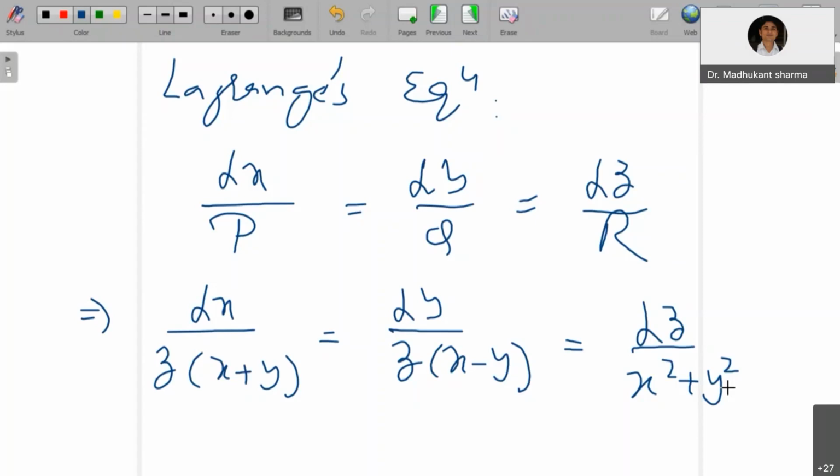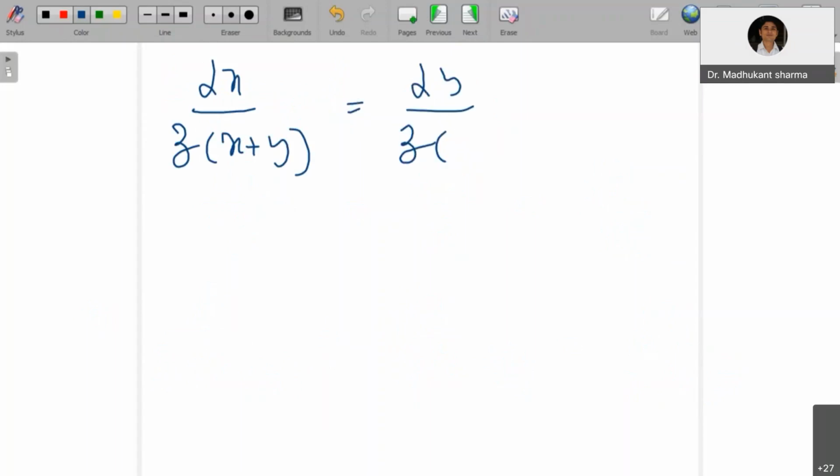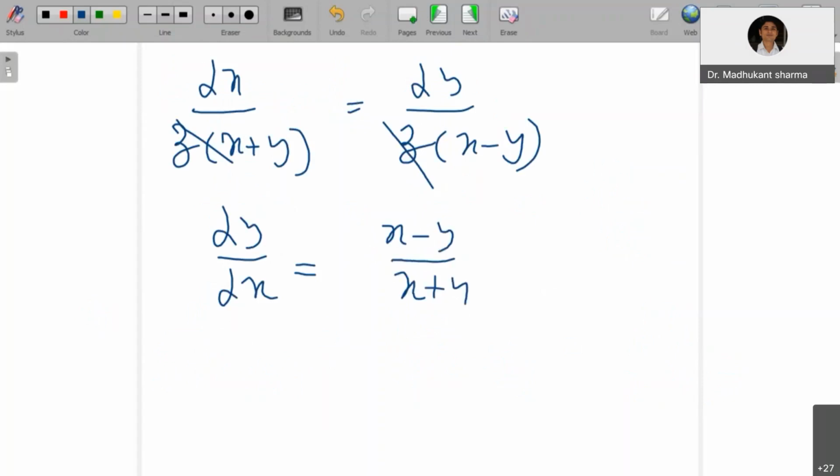So if you look at the first two, that is dx by z into x plus y is equal to dy divided by z into x minus y, you can see that z will get cancelled. And what you have is dy by dx equals x minus y by x plus y.